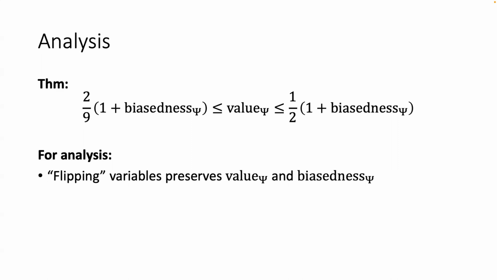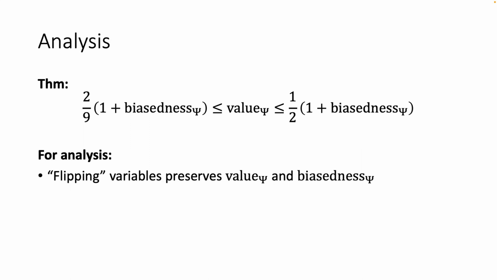Yeah. So sorry. A useful fact for the analysis is that if I take an instance and pick a variable x, and then decide to flip x, by which I mean you replace every occurrence of the literal x with not x, and every occurrence of the literal not x with x, this preserves the biasness, because it flips the positive and negative weight of the variable, and there was an absolute value sign in the definition.